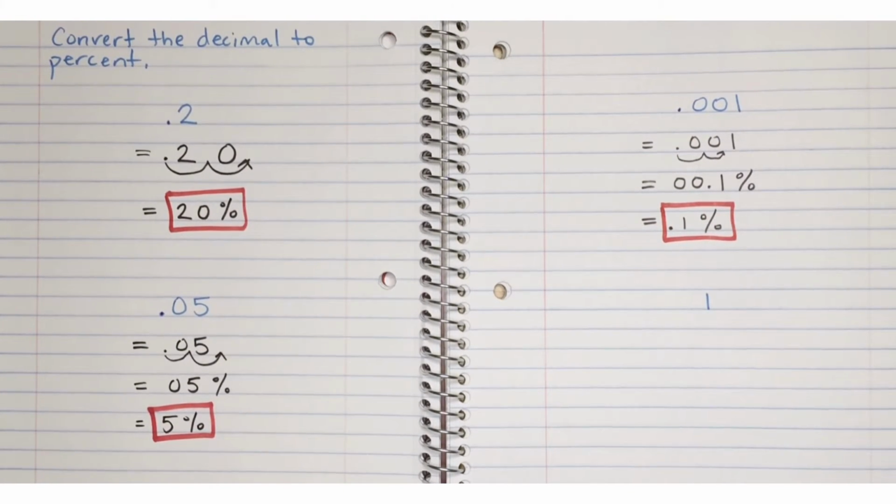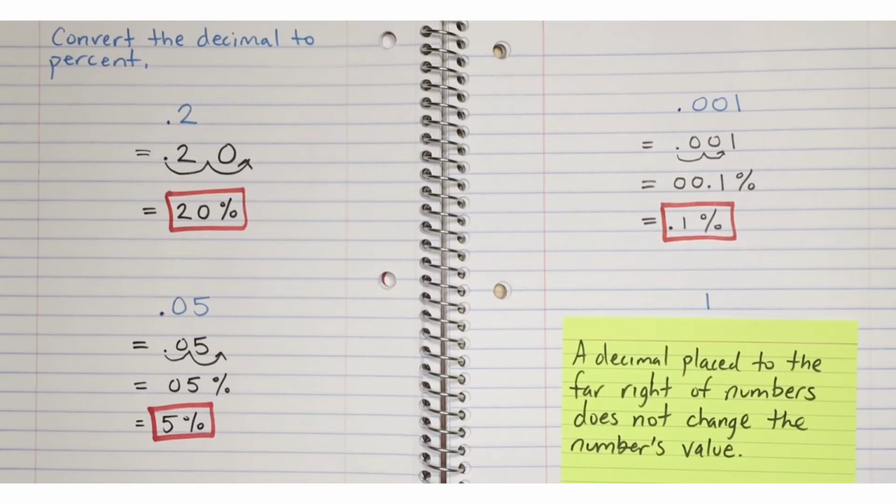So let's take a look at our last example, which is a number 1. And the reason why I put this is because there's another rule that I want you to actually catch. So here's a rule alert. Notice that this has no decimal here.